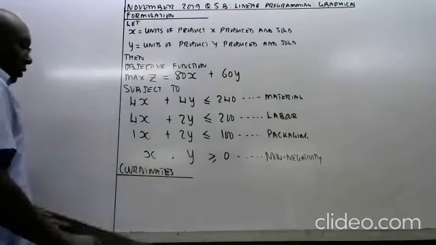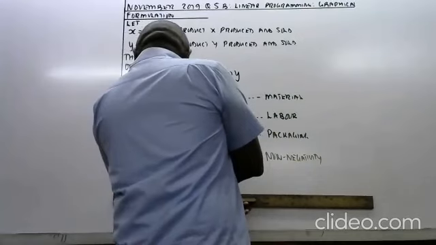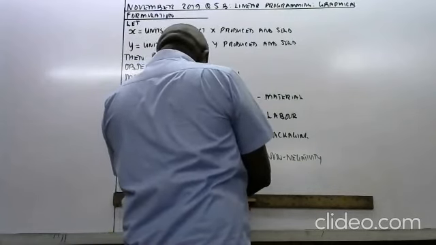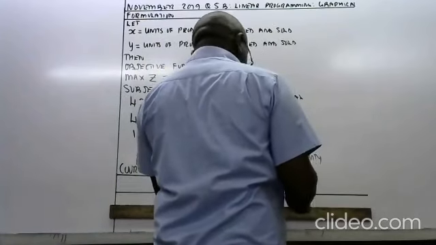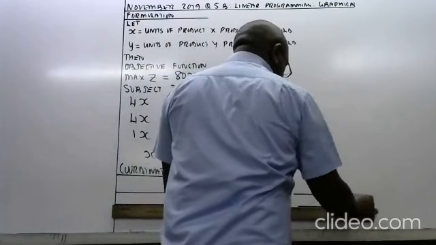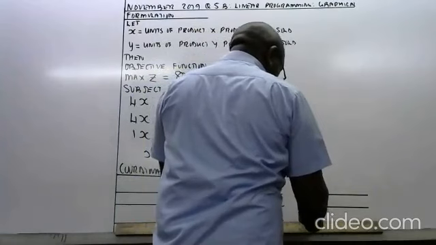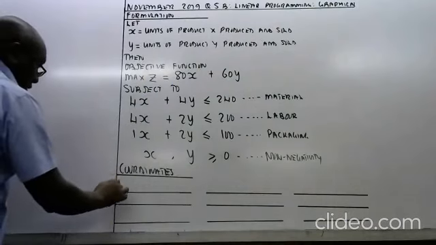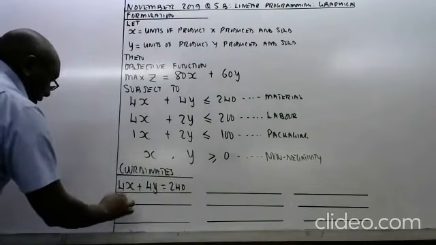So the coordinates, we want to get coordinates, starting with the first equation here of 4x plus 4y is equals to 240. So we say here x, y.